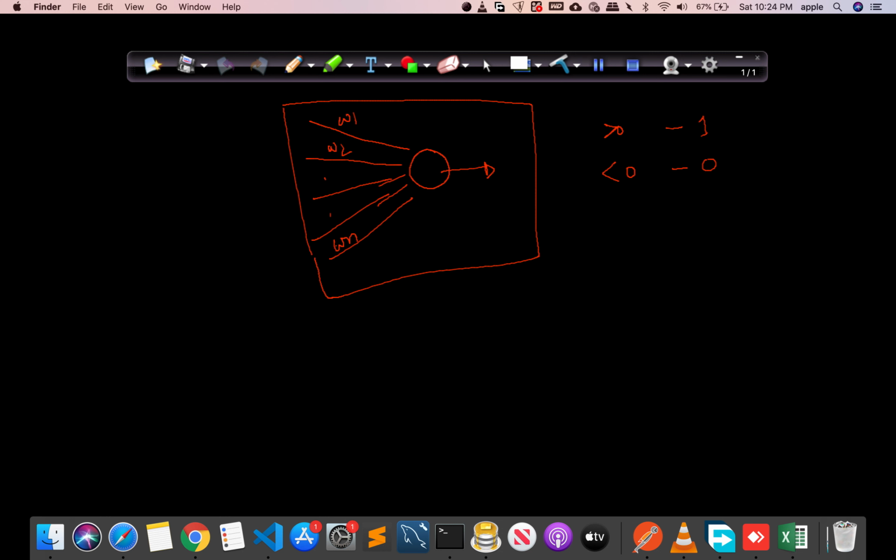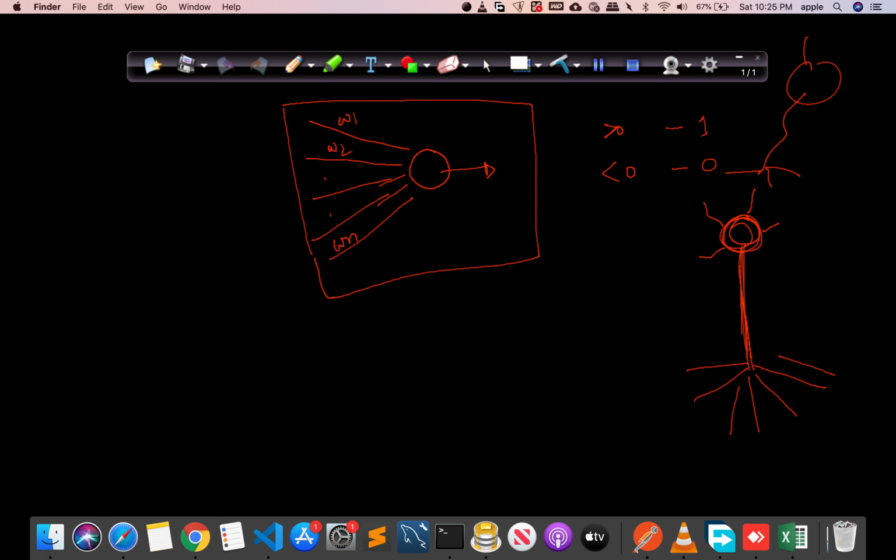In our nervous system, this is the main body, this is like the tail, and then we have this root-like structure, which has several pointers, and the tail again connects to some other neuron. These are called dendrites.